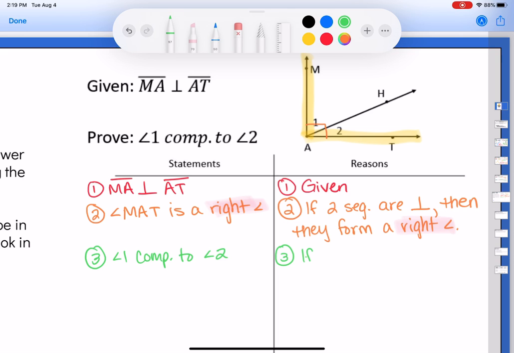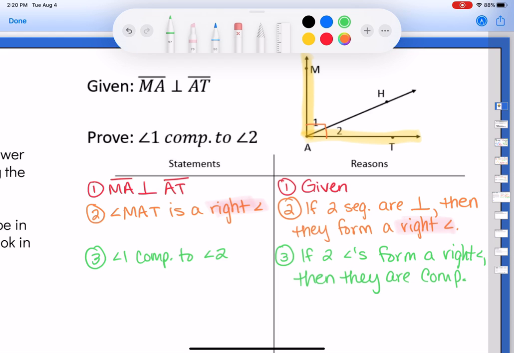So if two angles form a right angle, because that's what I just finished saying in the step before, and the then part is what I'm saying in the step right now, then they are complementary.